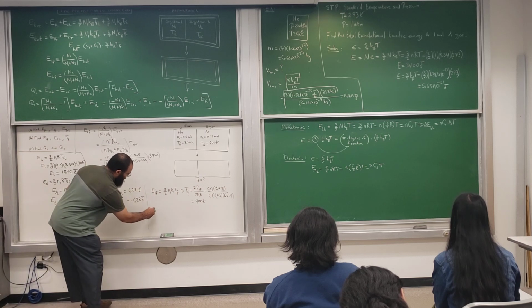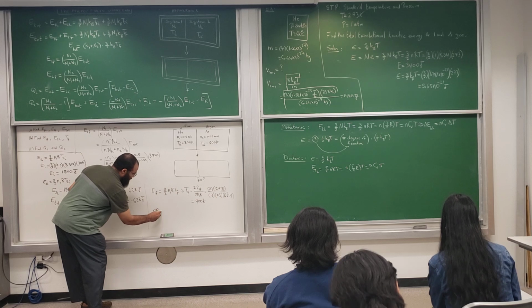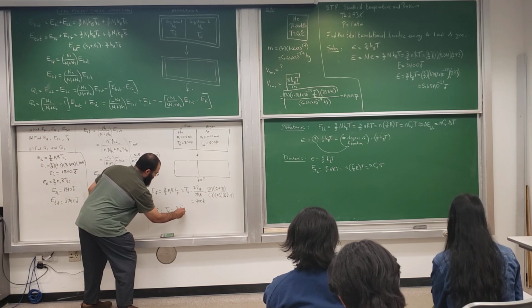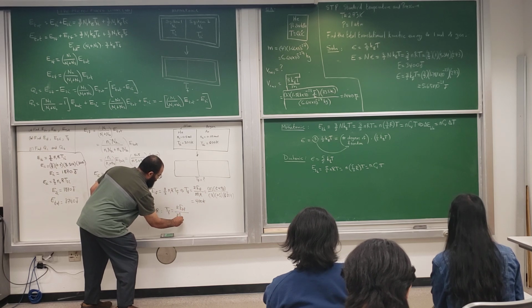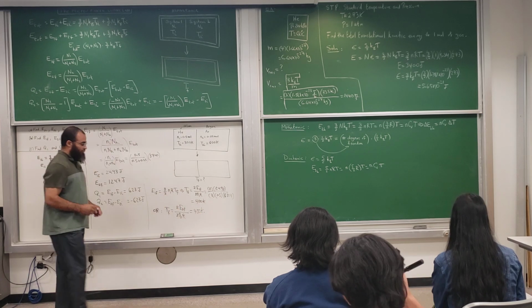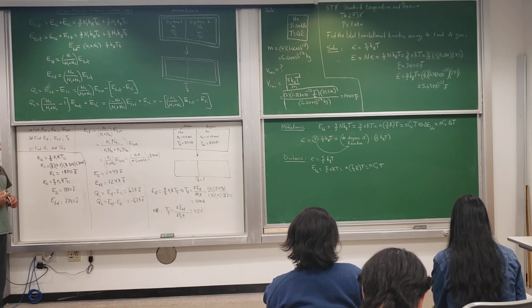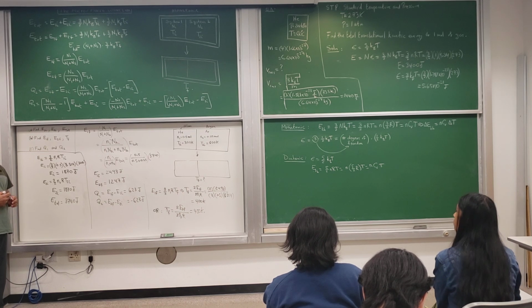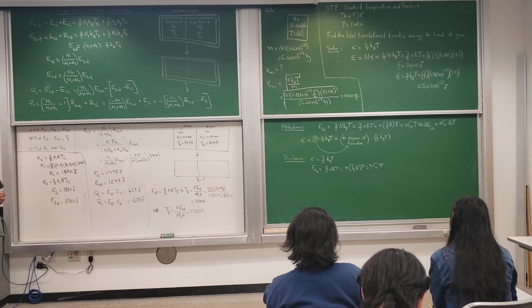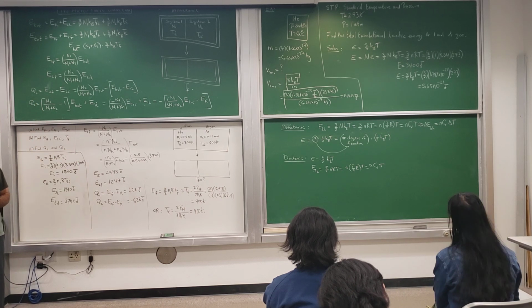You can say T final is equal to E2 final divided by 3 N2 times R, and it will stay equal. Any questions on this? I hope the numbers were good.